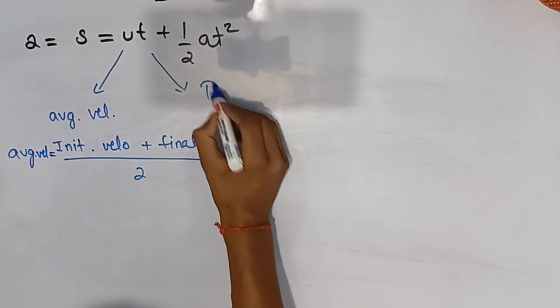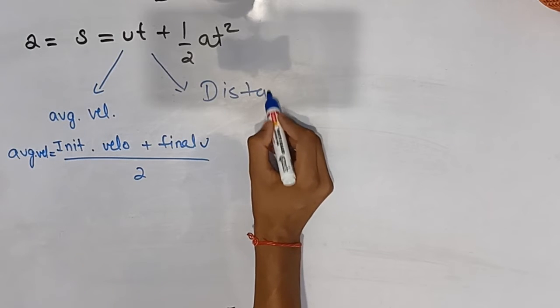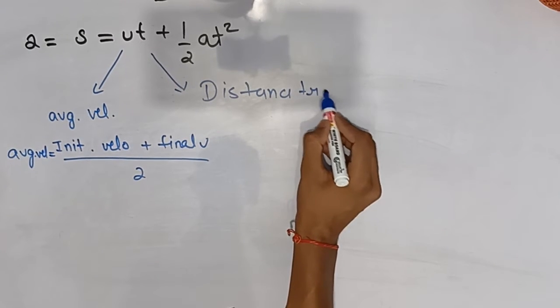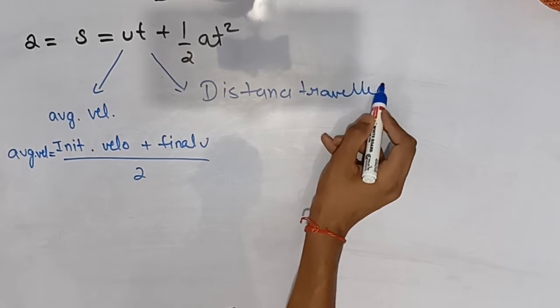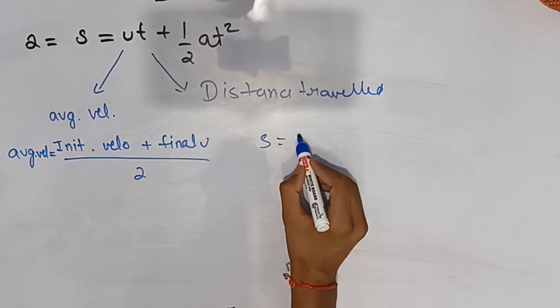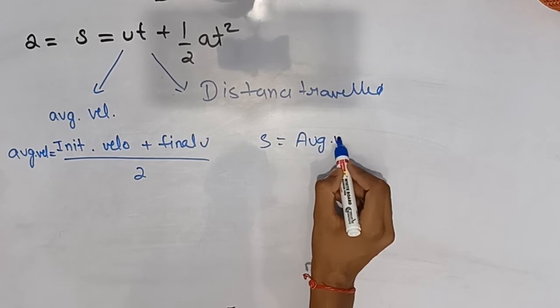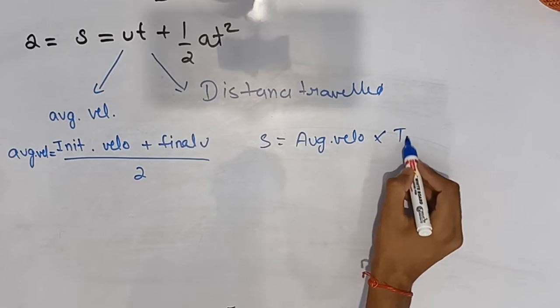And second, the formula of distance traveled, which is average velocity times time.